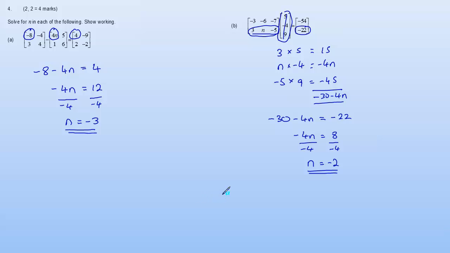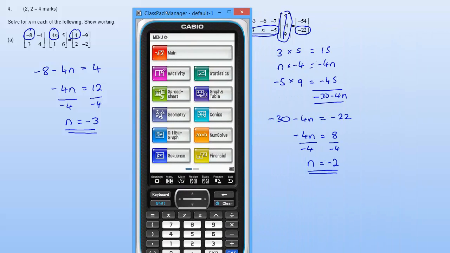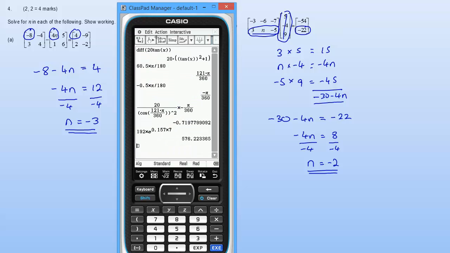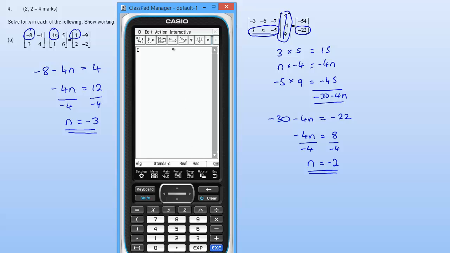Note also that this was on the calculator paper. So we have the calculator, and given that, we can certainly, when we get to equations, solve them using the calculator. So that's solve -8 minus 4.